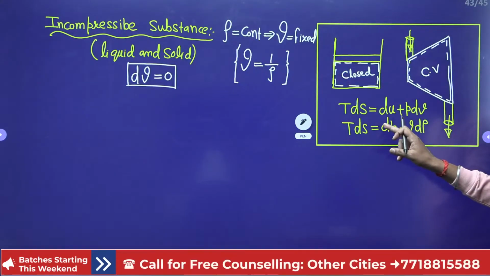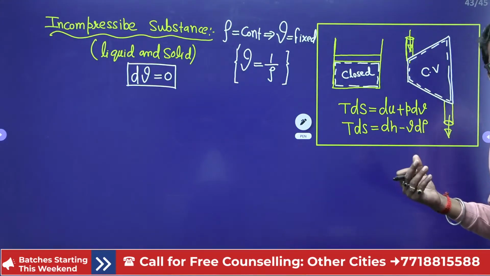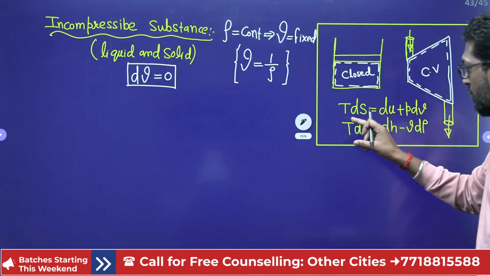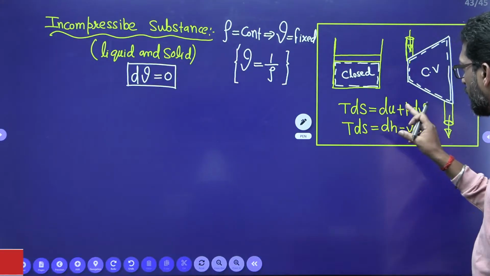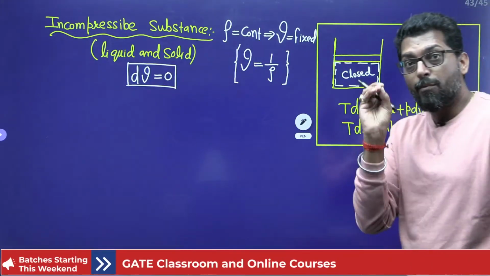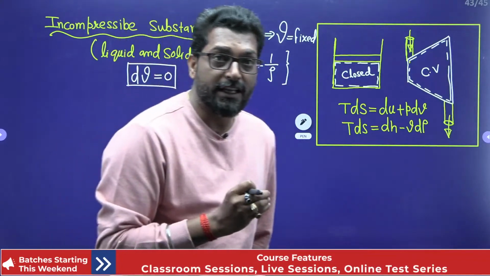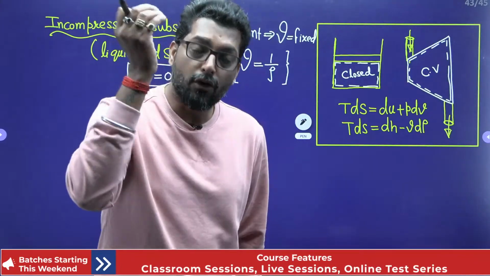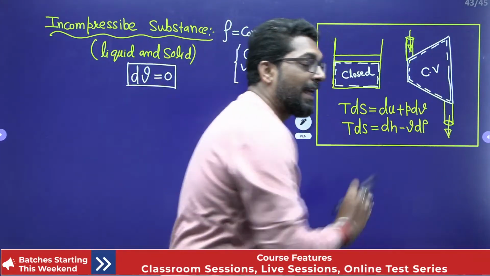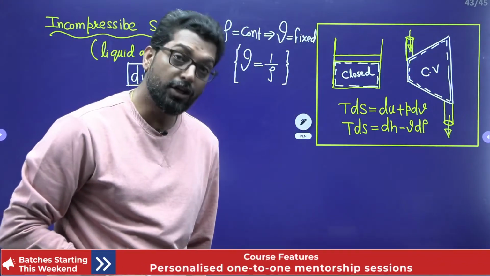So we can apply the equation TdS equal to dU plus PdV. My dear, it is very important in which situation you are working, and accordingly you can apply the equation.